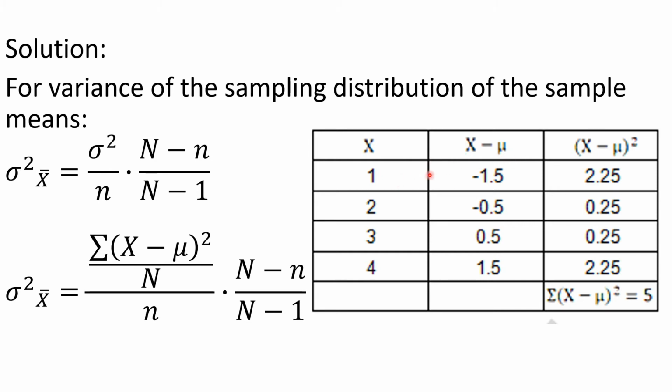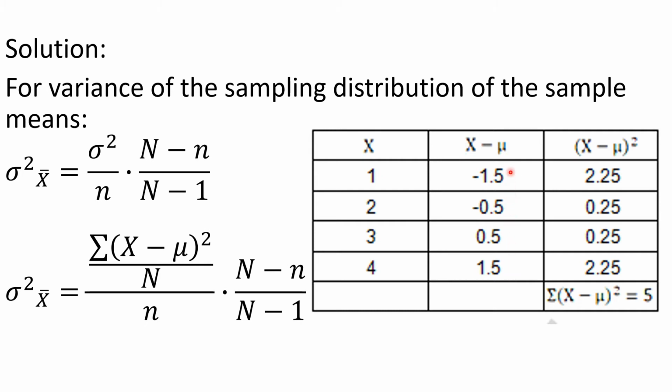So for the first, x minus mu is 1 minus 2.5. That is negative 1.5. For the next, when x is 2, this is 2 minus 2.5, which is negative 0.5. So that is what we'll do also for x equals 3 and x equals 4. Still the value of mu is 2.5. We have computed the value of this already.